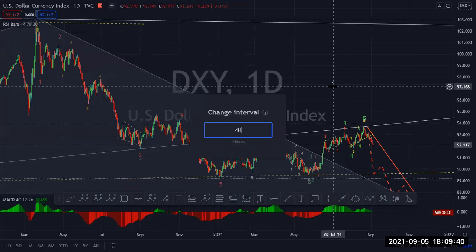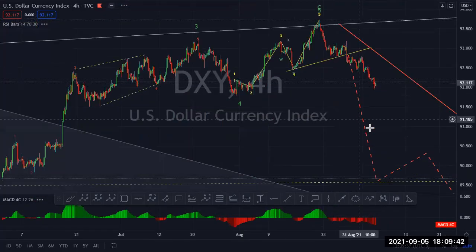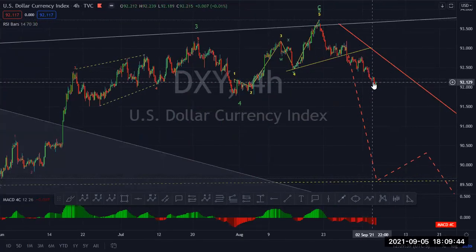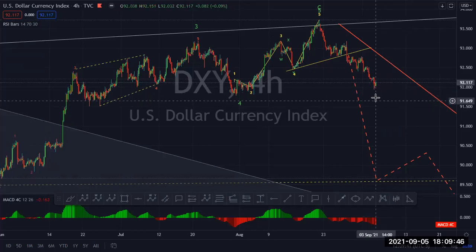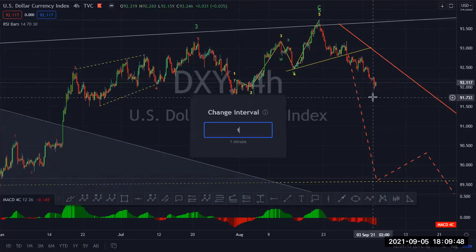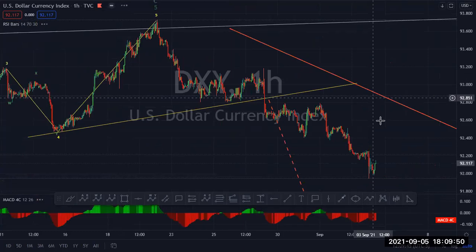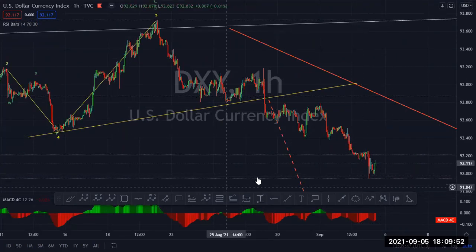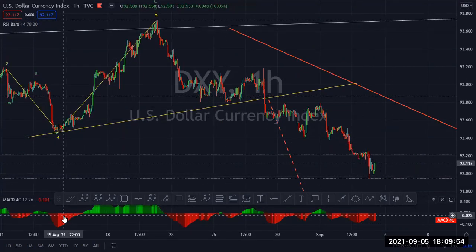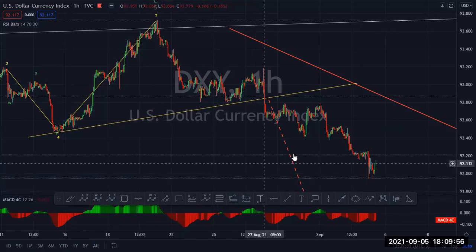Let's see 4 hours. Okay, 4 hours is going down. Whenever you get a nice pullback or correction. Now this is the 1 hour chart. The 1 hour chart is making a correction.